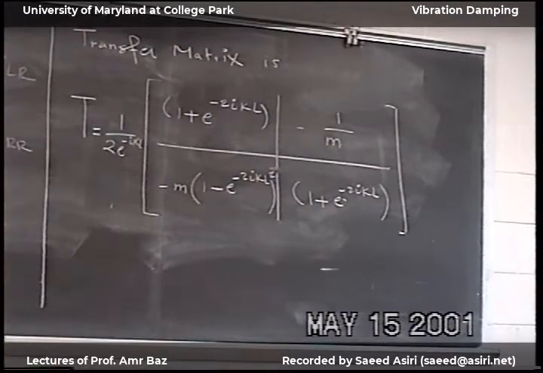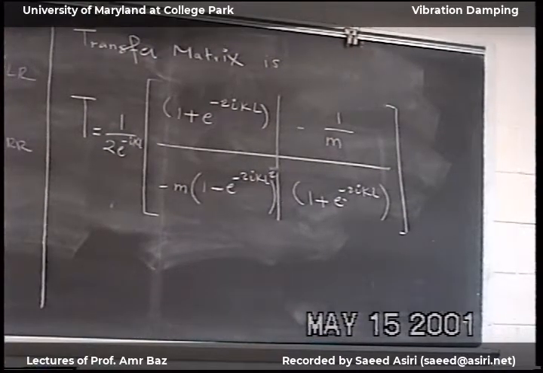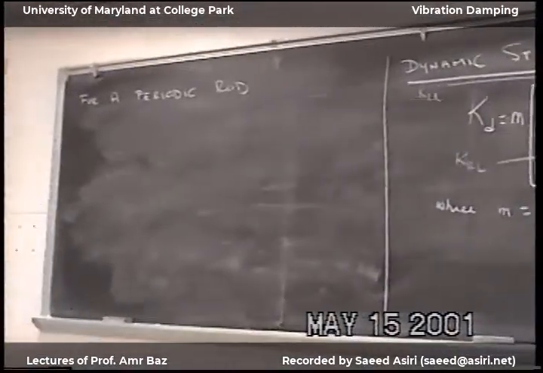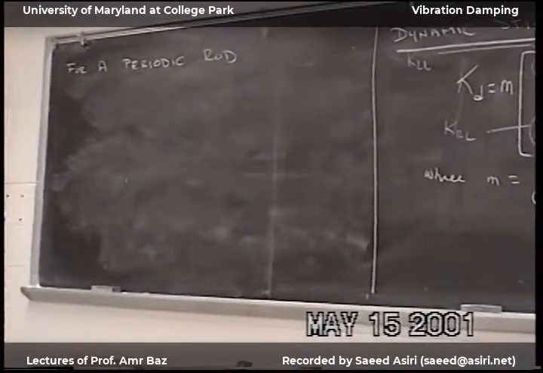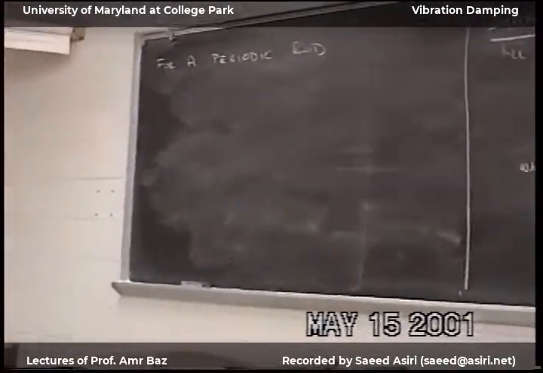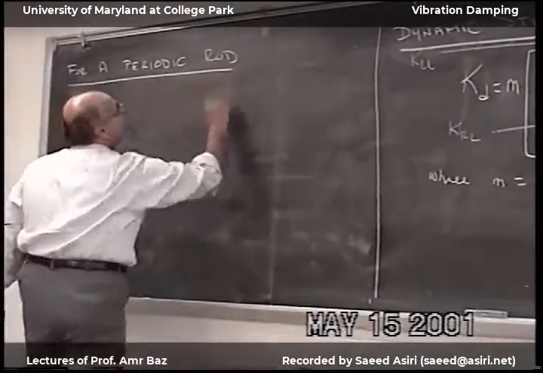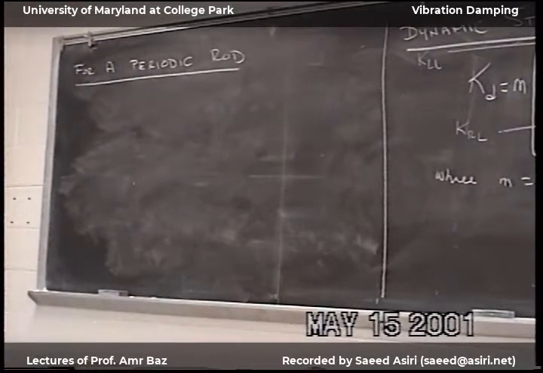Now for the periodic rod. I will do this first, and then because this last matrix I can make it very simple, very nice looking matrix.